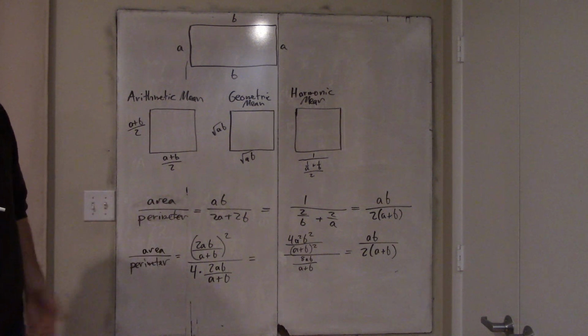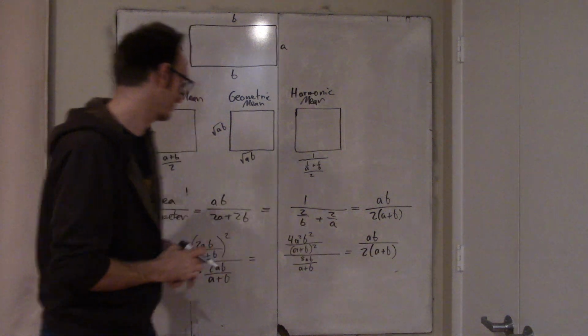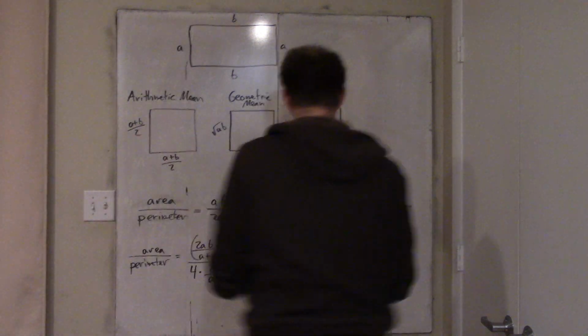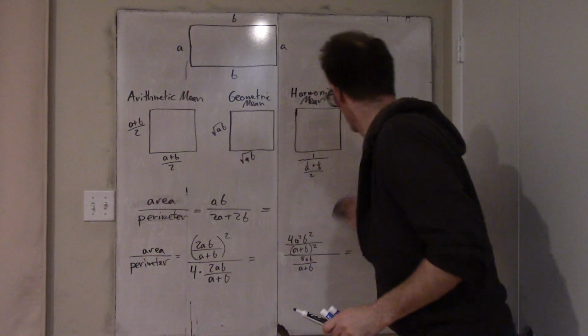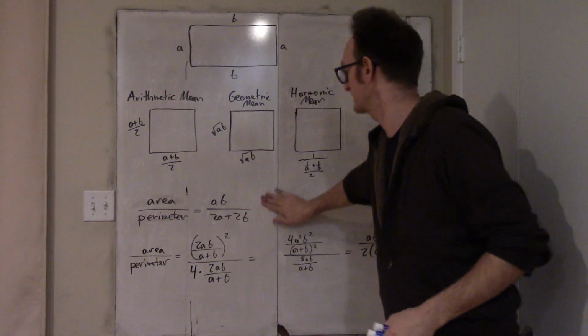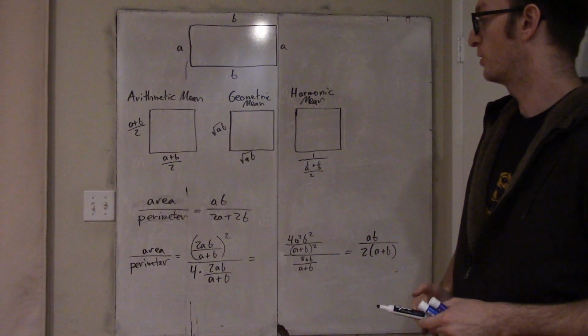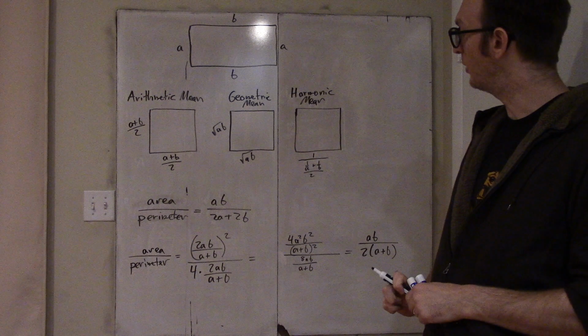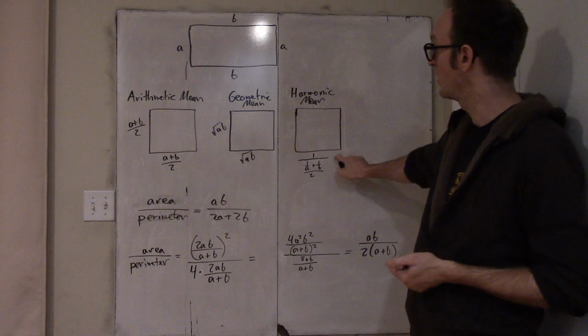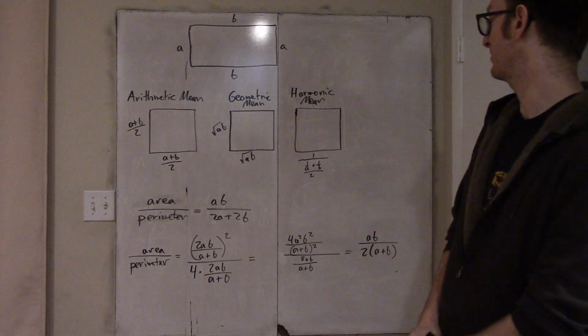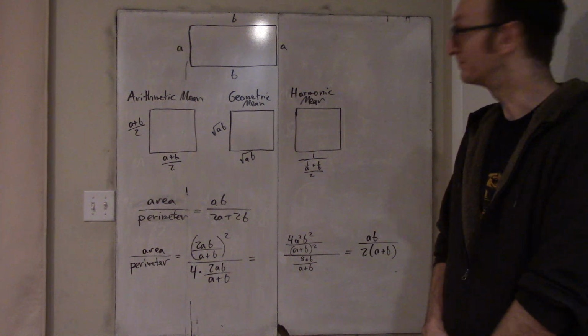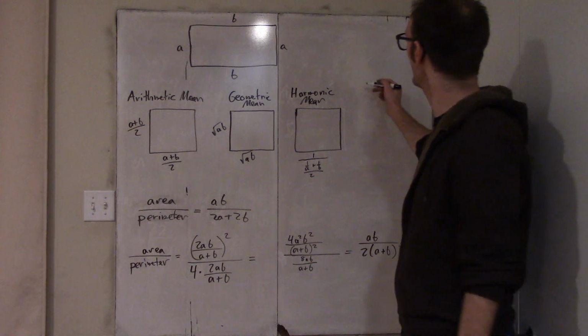Actually, it's sort of silly that I went backwards, because there it is right there. That is just a simple calculation. It's the area over the perimeter. But the area over the perimeter for the square whose side length is the harmonic mean is also just the same thing.